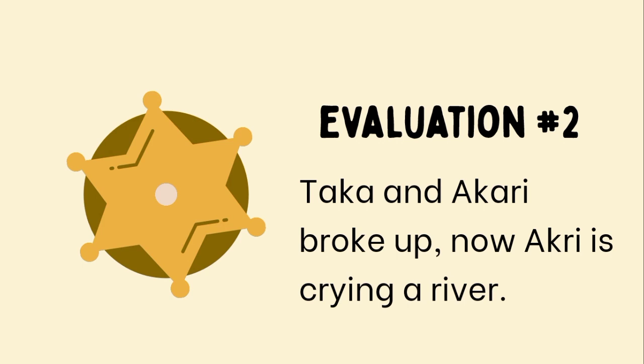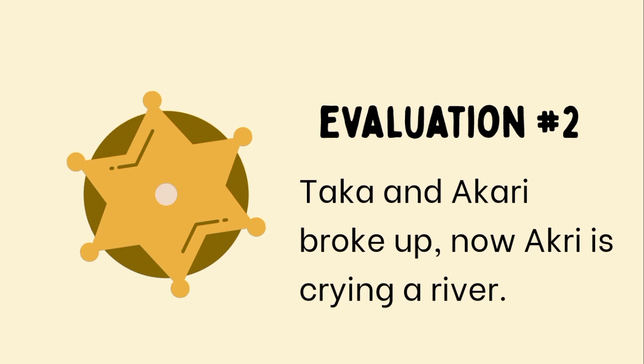But it's just giving that strong feeling that Akari was really hurt and she didn't have a choice but to cry a lot. Maybe not just for one day, but this day and then the next day, the next days, and it took her months to really move on from the breakup.